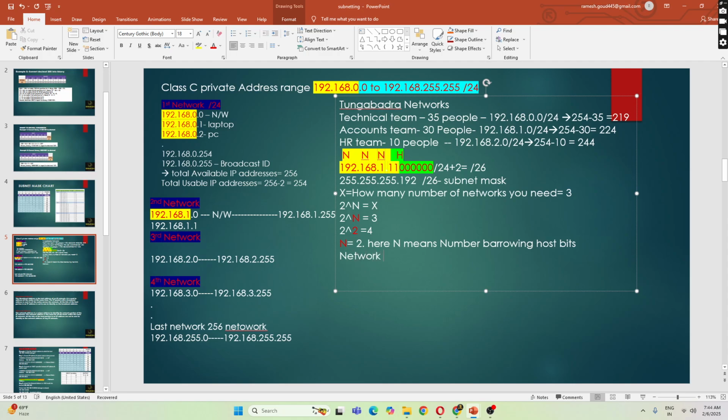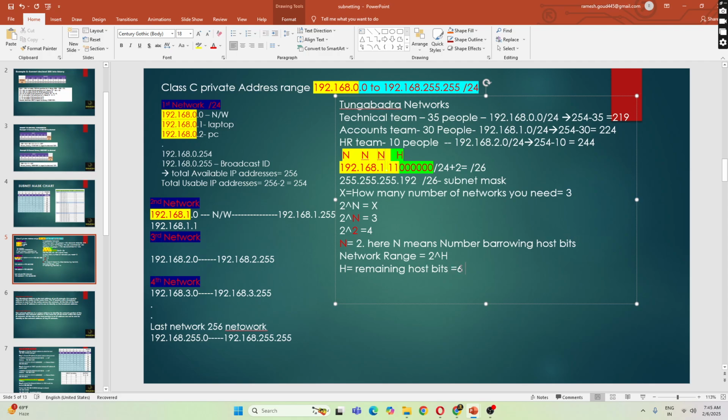So whatever you see in green color, those are host bits. Now tell me, how do we calculate the network range? Remember carefully: network range equals 2 to the power of h, where h is the remaining host bits. How many bits are there here?